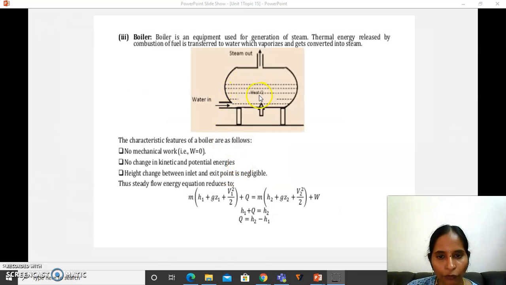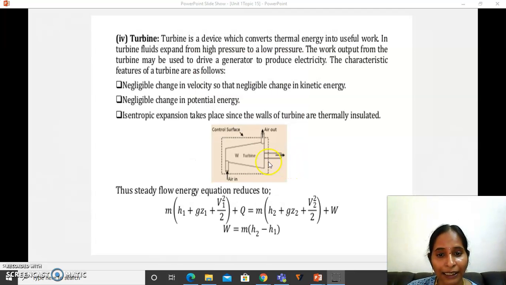In the boiler, the water is energized by the supply of heat, but in the turbine, the hot, high temperature, high pressure steam is losing its energy, giving the energy to the shaft, and then it comes out as unenergized water. So the fluid leaving the turbine has lesser energy, but in the case of the boiler, fully energized fluid comes out as the outcome.